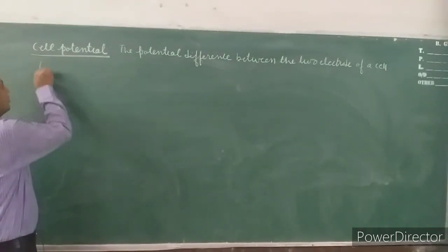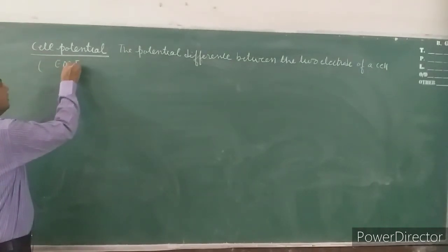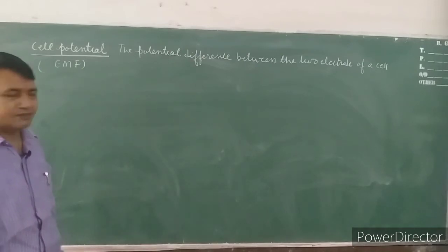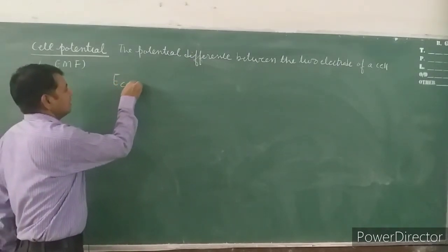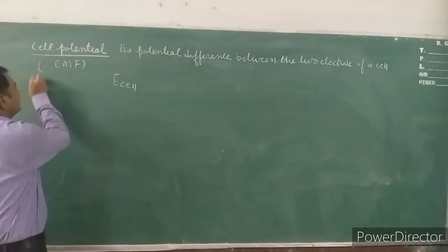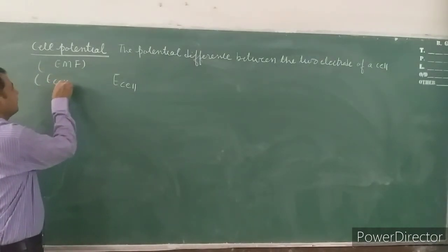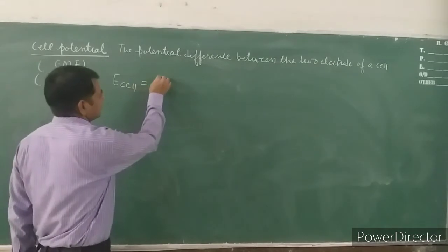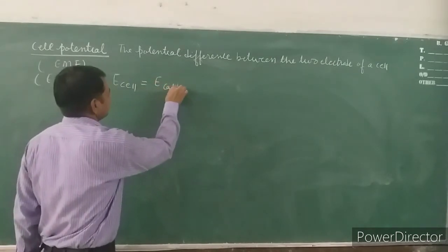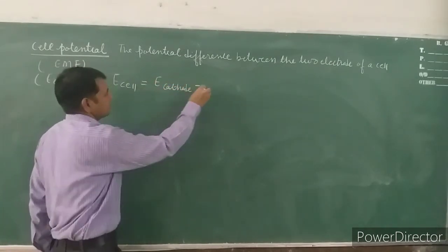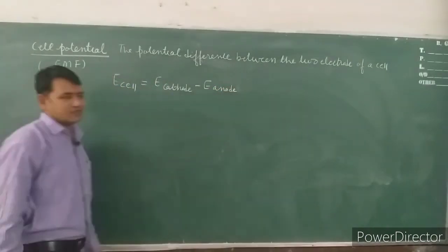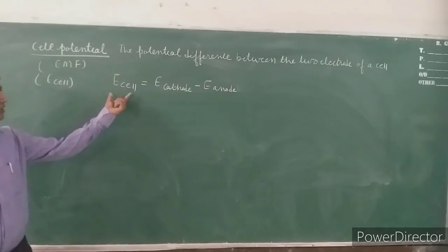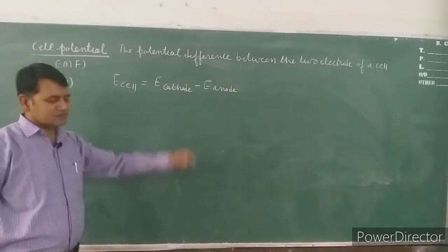The other name of cell potential is EMF, electromotive force. Mathematically, E cell is the symbol of cell potential, and E cell is equal to E cathode minus E anode. This is the first mathematical formula for E cell, E cathode minus E anode.